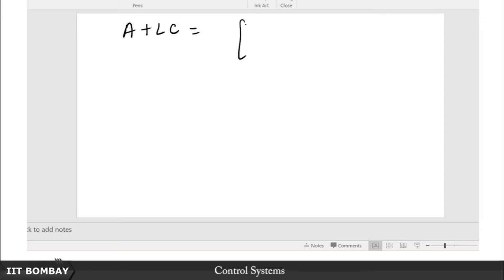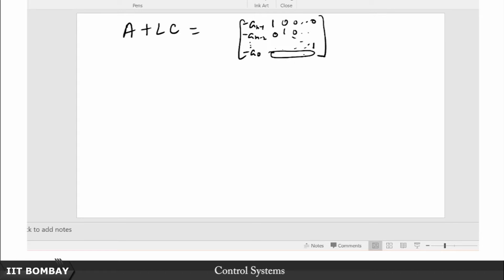You will have this minus a n minus 1, minus a n minus 2, dot dot dot till minus a 0, and then 0 1 0 0 like this, then 0 1 0 0 like this, and then finally you have 1 sitting here, and the last row is all zeros other than the first entry.